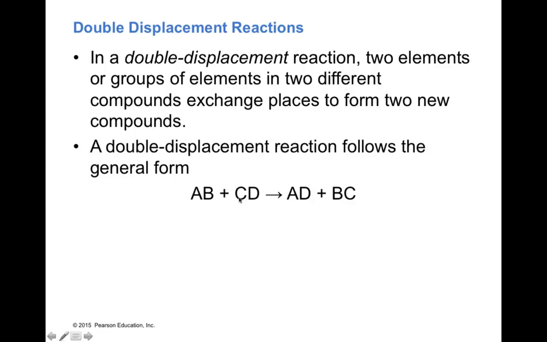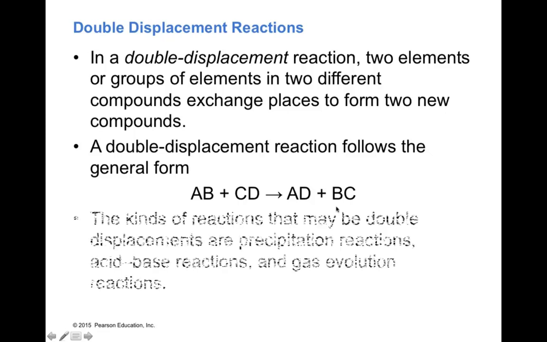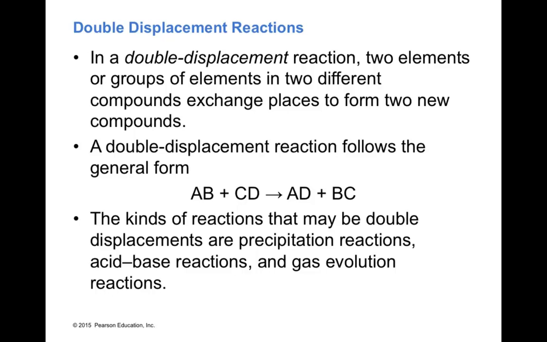C is the cation of this one, and B is going to be the anion of this one. So this should be CB actually, because the cation always needs to be written first. The kinds of reactions that are double displacement are precipitation reactions, acid-base reactions, and also gas evolution reactions.